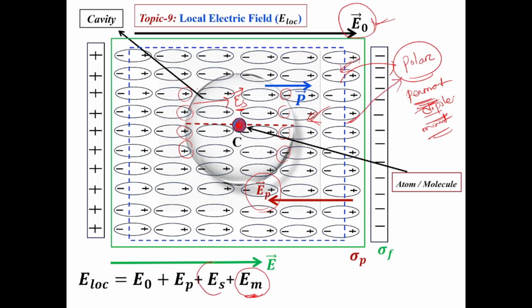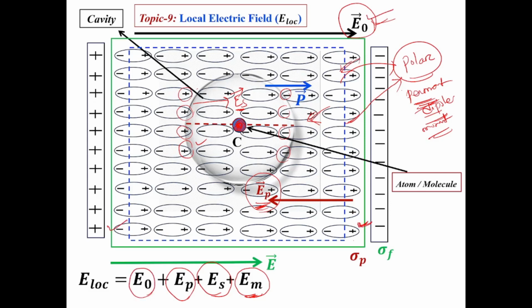Here EM represents the electric field due to permanent dipole moments if this dielectric material is polar. Es is the electric field intensity due to surface charge on this cavity. EP is the depolarization field, which is induced due to polarization of the whole dielectric material, or induced surface charge on the two sides of the dielectric material, and E naught is the applied electric field.